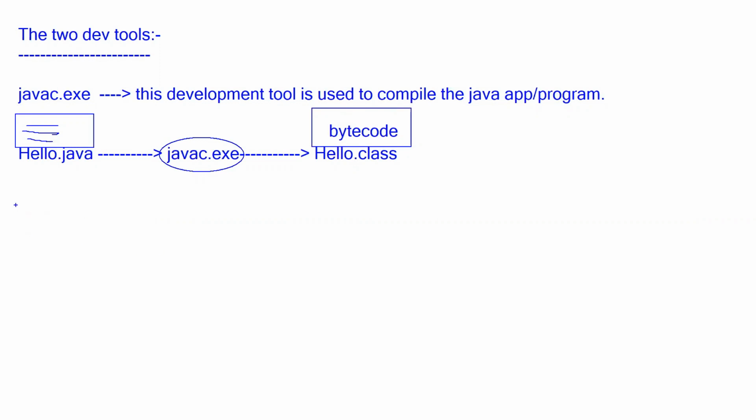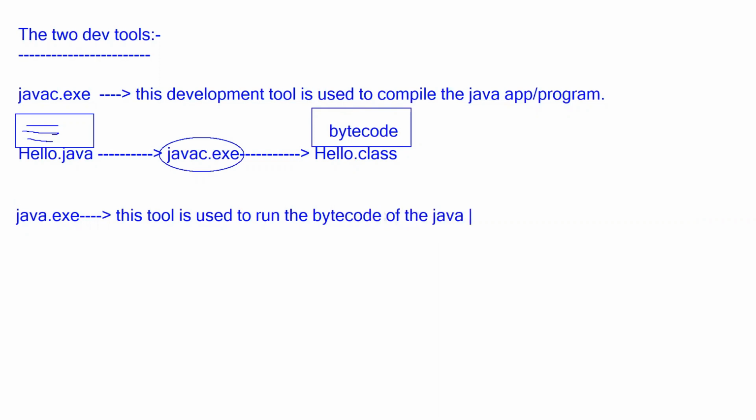Okay. Now one more tool is there. So what is the other tool? Java.exe. This tool is used to run the bytecode of the Java program.